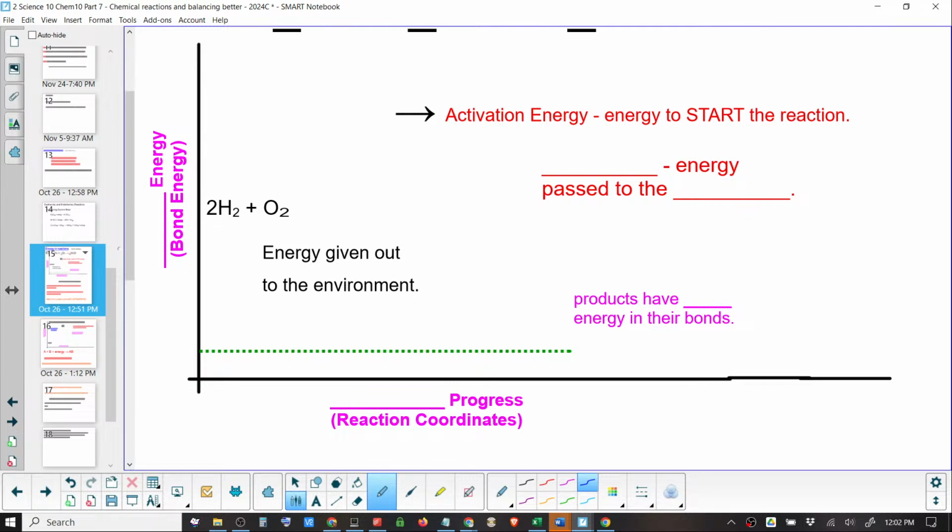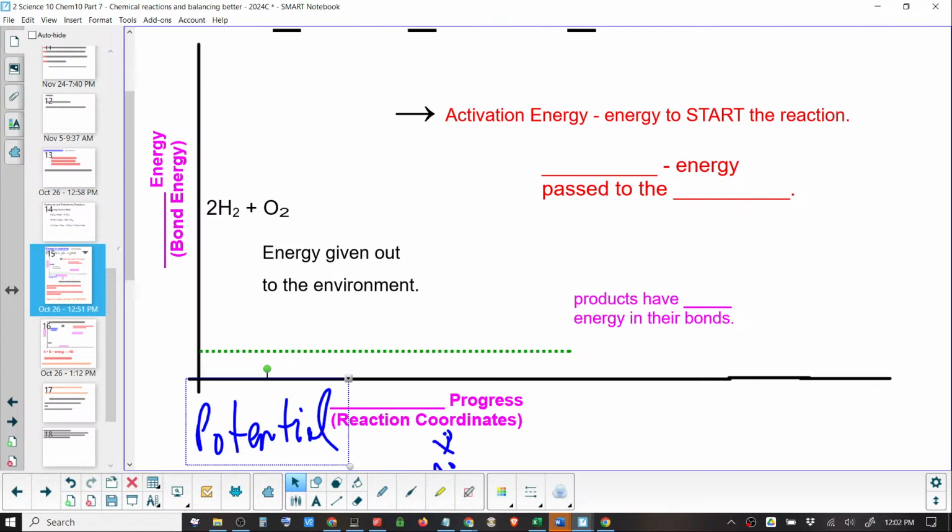The first thing that we're going to be looking at with reactions in terms of their energy change is reactions with a potential energy graph.